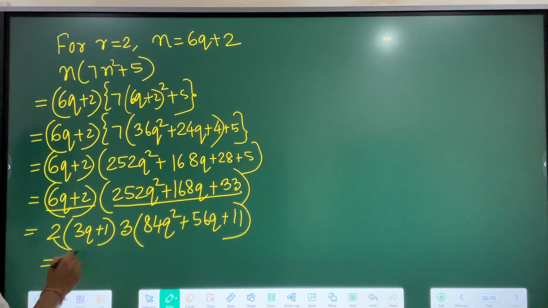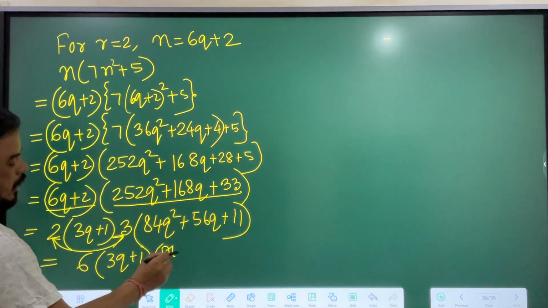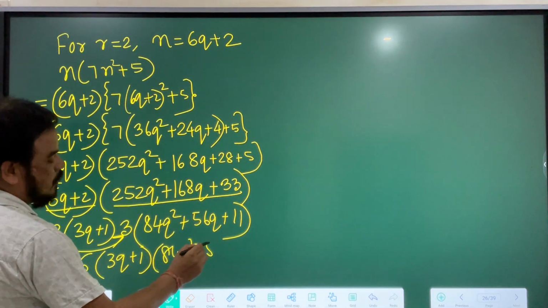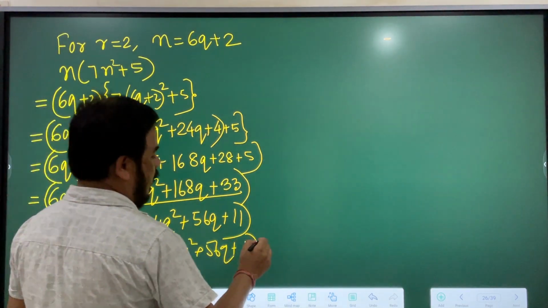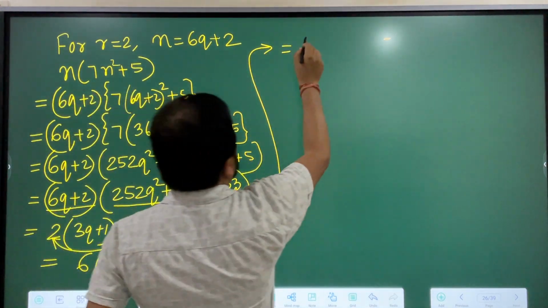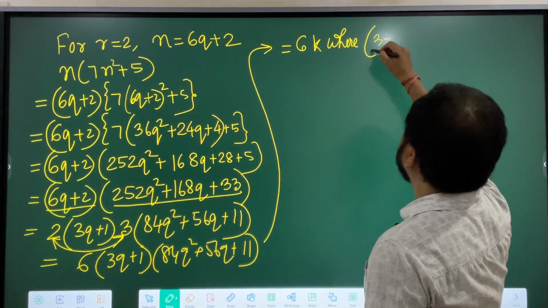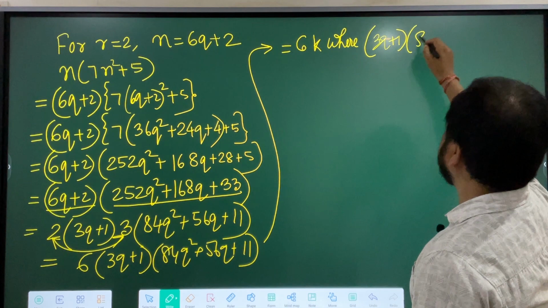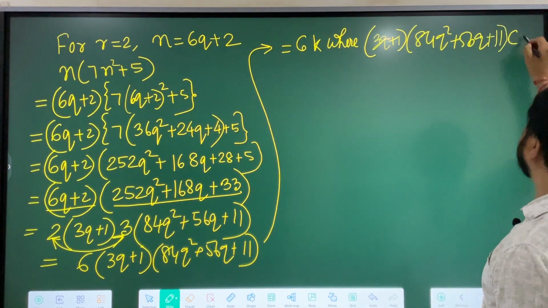So we have got 6 into (3q plus 1) times (84q square plus 56q plus 11). So we can write directly 6k, where (3q plus 1)(84q square plus 56q plus 11) belongs to Z.